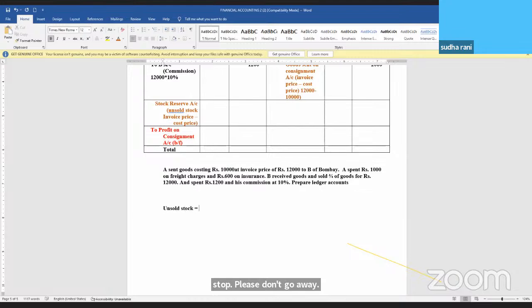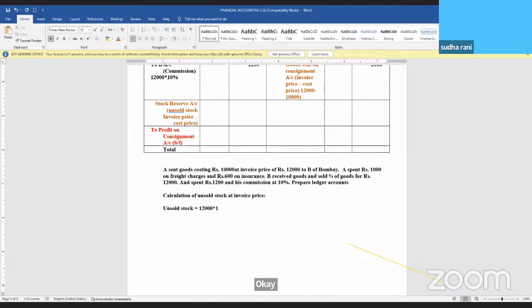Unsold stock. First, let us calculate at the invoice price. Calculation of unsold stock at invoice price. Invoice price is 12,000. 3/4 sold means 1/4 is left.